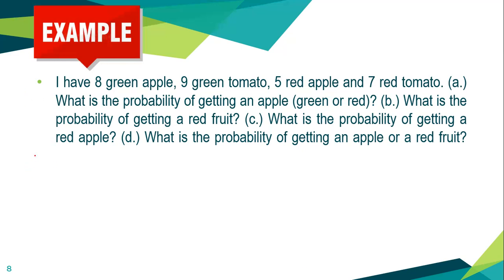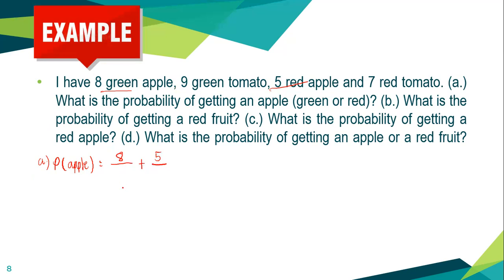Sagutan natin isa-isa syempre. For letter A muna, probability of getting an apple. Ilan yung apple na pwede nating makuha? We have 8 na green apple, then 5 na red apple. So we have 8 plus 5.